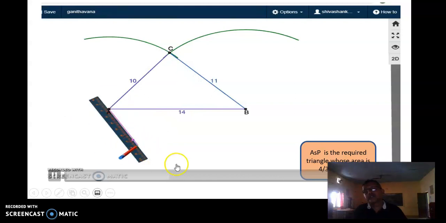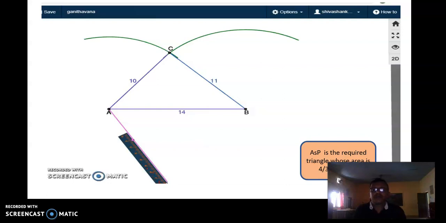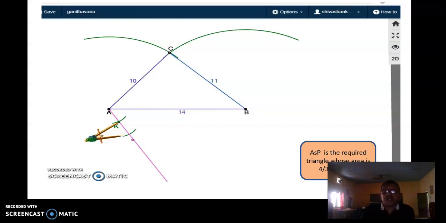Now cut these 4 arcs with 2 centimeter like that. Same radius, 2 centimeter radius. That point is K. Similarly from K take 2 centimeter and cut another arc.